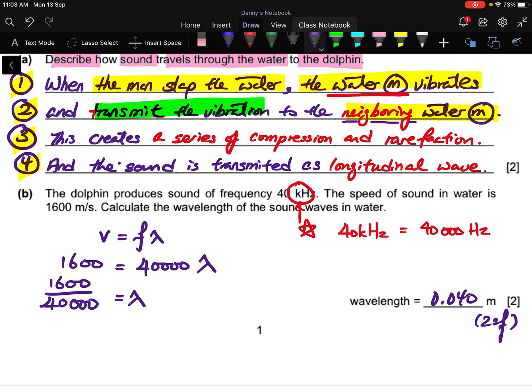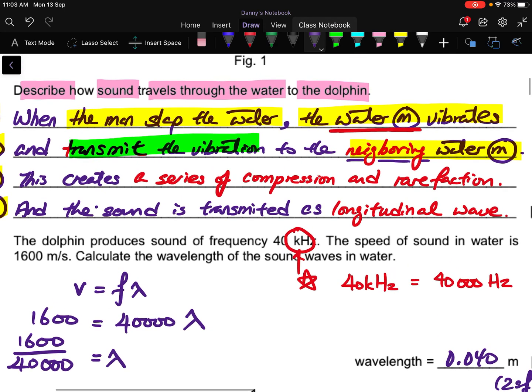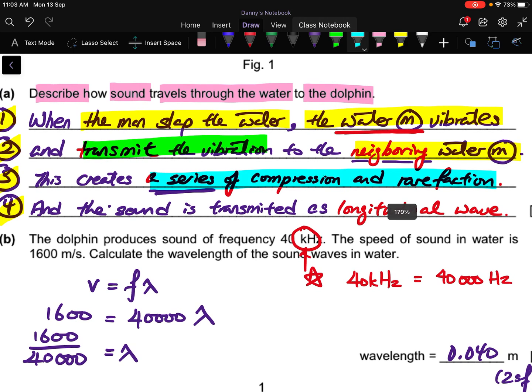Then after that, it is the standard. After you transmit the vibration to the neighboring particle, you are not just making your neighbor vibrate, you are creating a series. So this particular phrasing is required. You must tell me that it creates a series of compression and rarefaction, not just one pair, but a series.